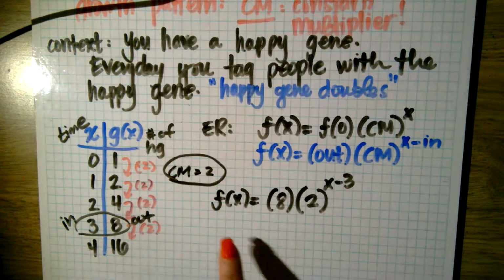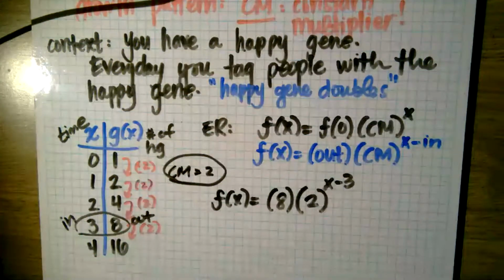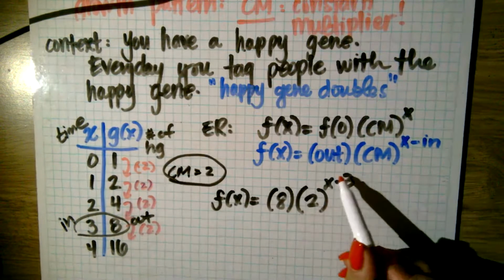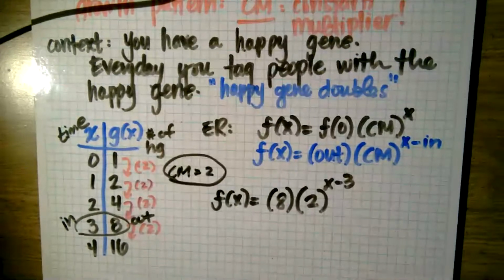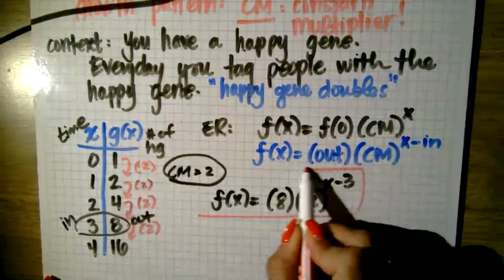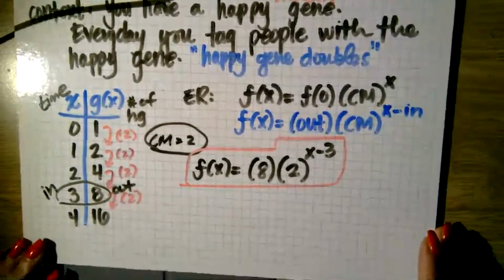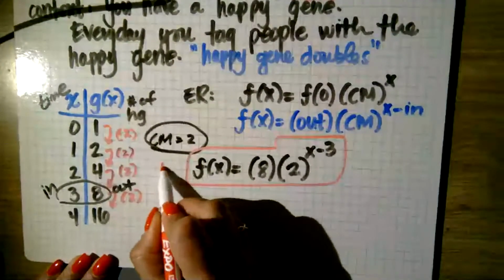Okay, so this right here is a very valid explicit rule, but sometimes some people would like to simplify it, and we can, and I'm going to do that now. I'm going to first take this 2 to the x minus 3, okay? So you can see that that is my explicit rule.